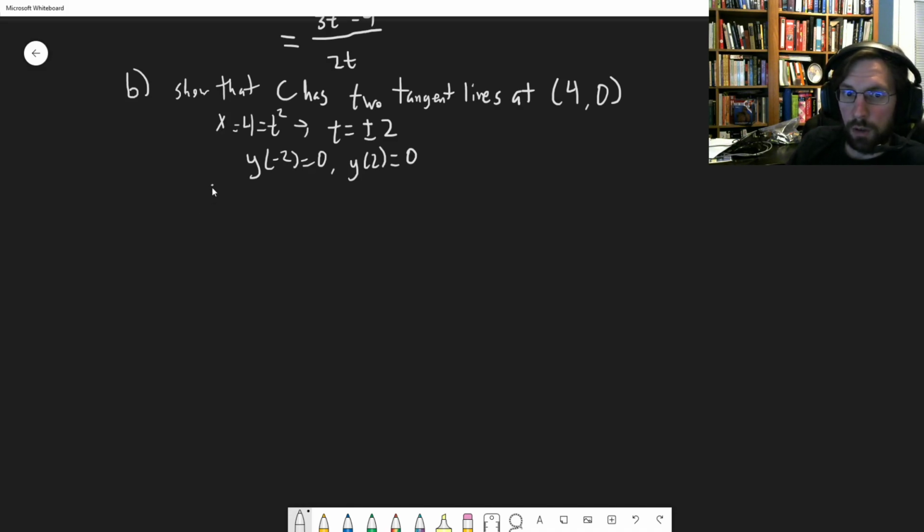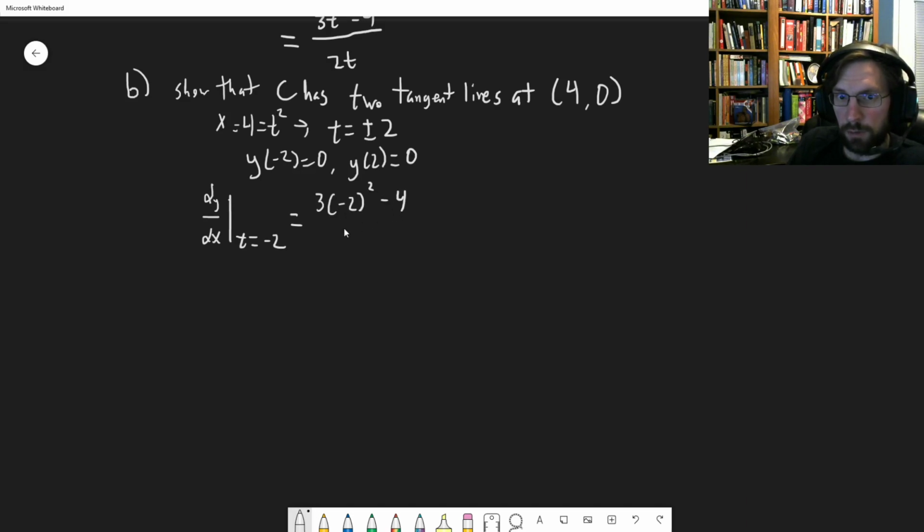Okay, so let's compute dy dx when t is negative 2. This should be 3 times negative 2 squared minus 4, all over 2 times negative 2. So 12 minus 4 is 8, over negative 4, which is negative 2.